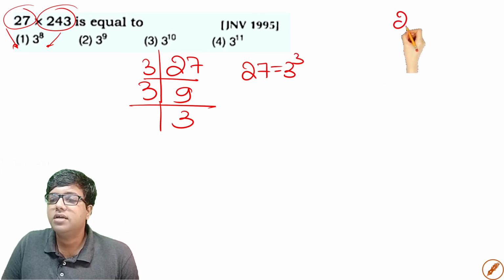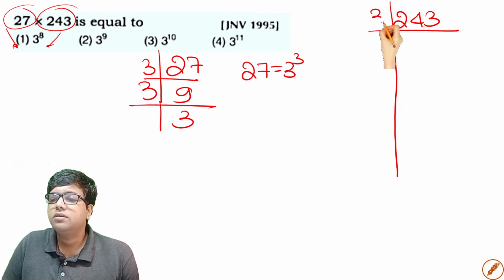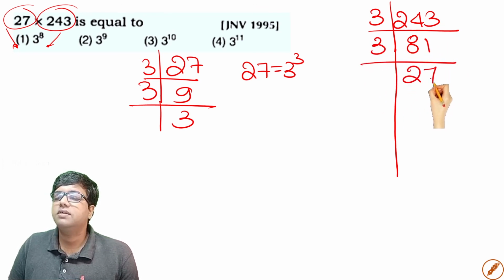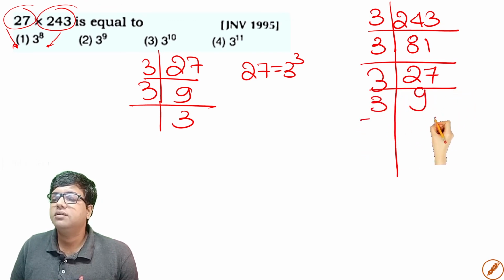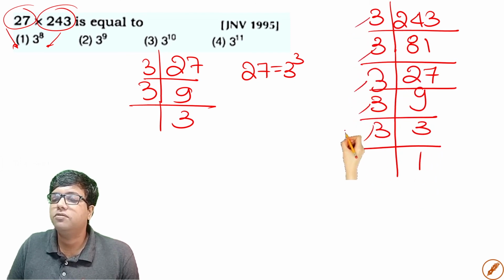Alright, so let's do it for 243. 3 8s are 24, 3 1s are 3. 3 2s are 6, 3 2s are 6, 3 7s are 21, 3 9s are 27, 3 3s are 9, 3 1s are 3. So therefore 1 2 3 4 5.